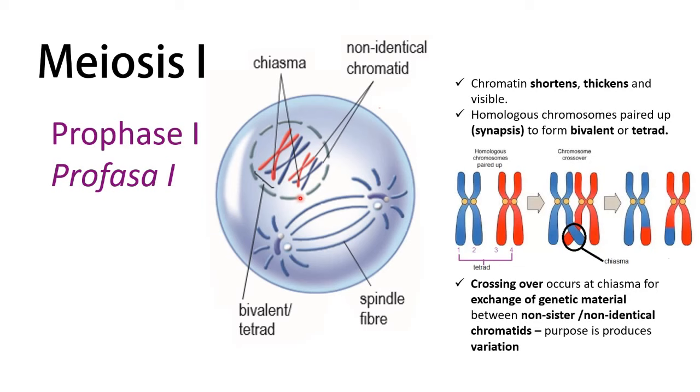How many chromosomes are in this cell? 1, 2, 3, 4. So this cell has 4 chromosomes. I want you to remember this. Later, we will discuss again the number of chromosomes and see the difference.